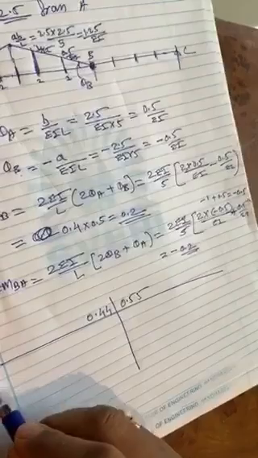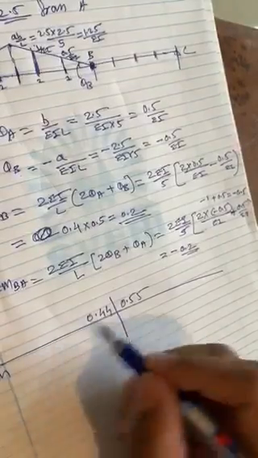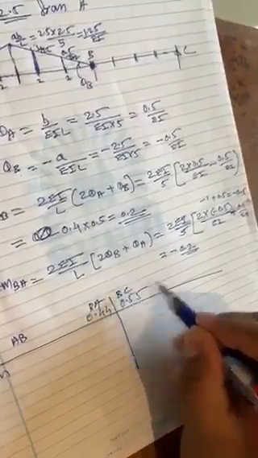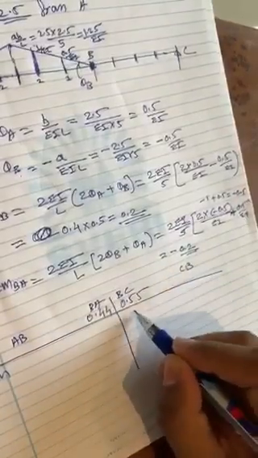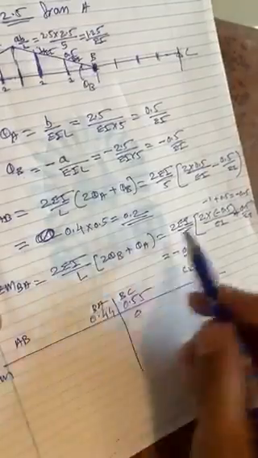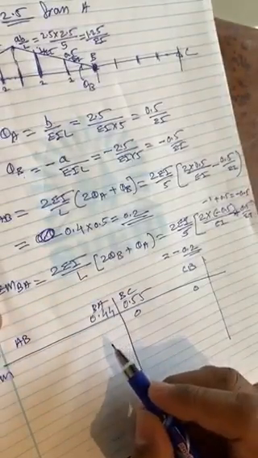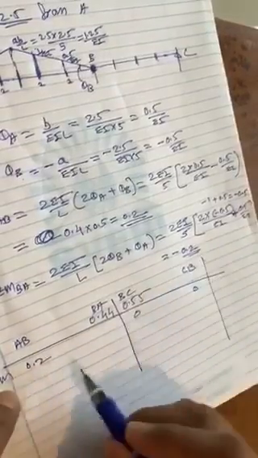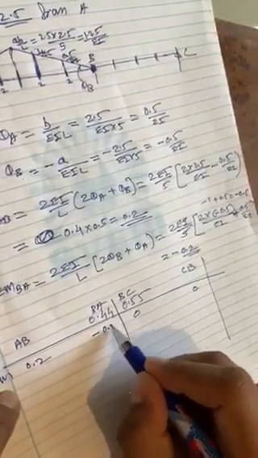So once you know distribution factor, once you know fixed end moment, we can apply the moment distribution method. So we have FEM, we will write the span also, AB, BA, BC and CB. Both moments are 0 here, and FEMAB is 0.2 and FEMBA is minus 0.2.